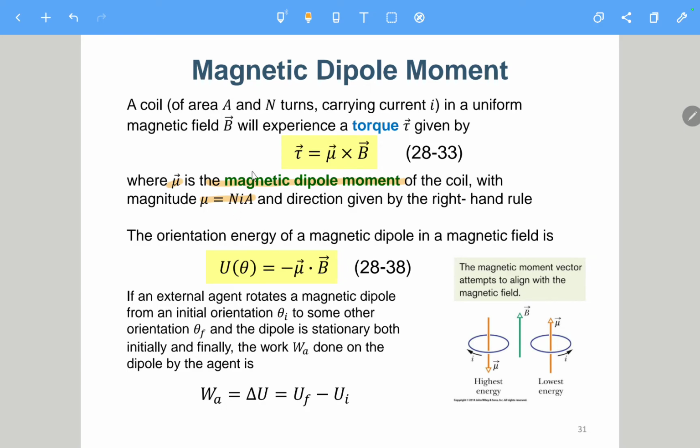The magnitude is N times I times A: the area of the coil multiplied by the current, and then multiplied by the number of turns.